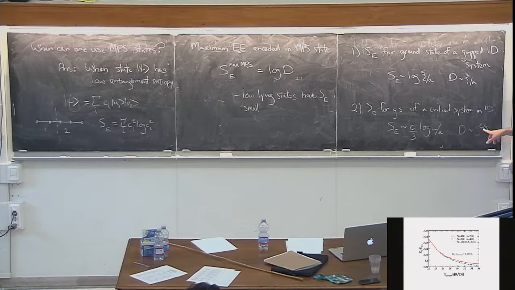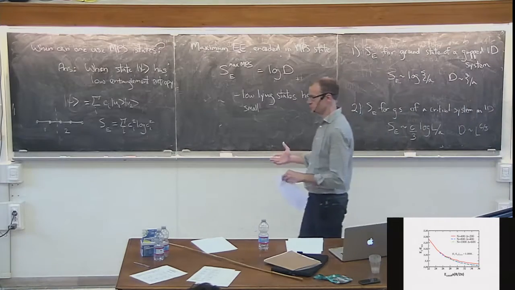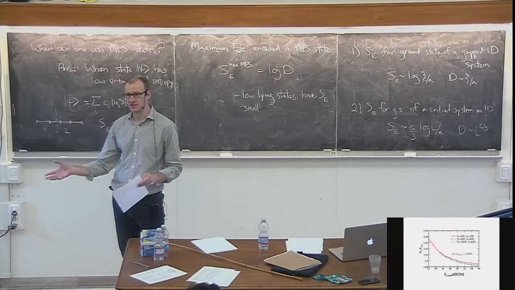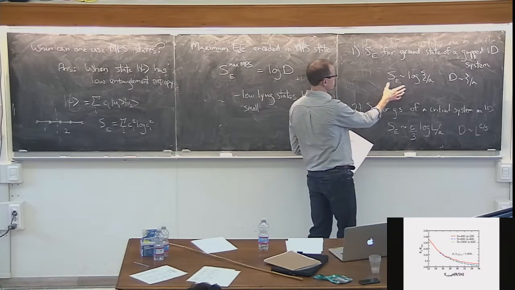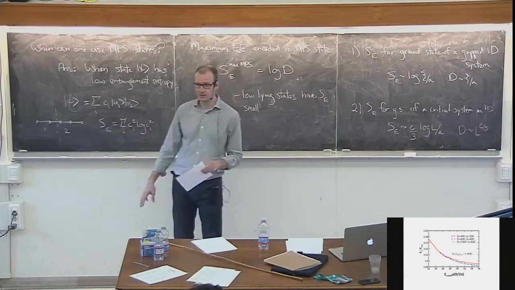But that's not so bad because, I mean, we can't go to infinite volume for a critical system, whereas we can basically simulate an infinite volume gapped 1D ground state.